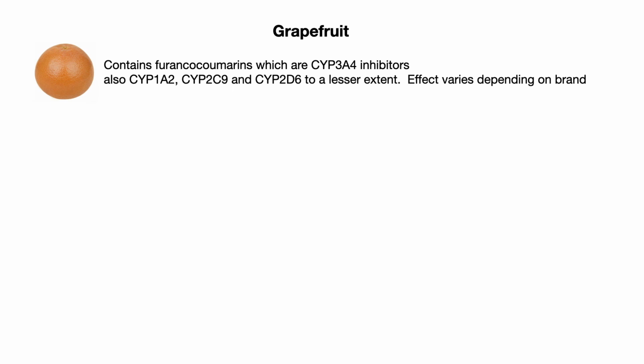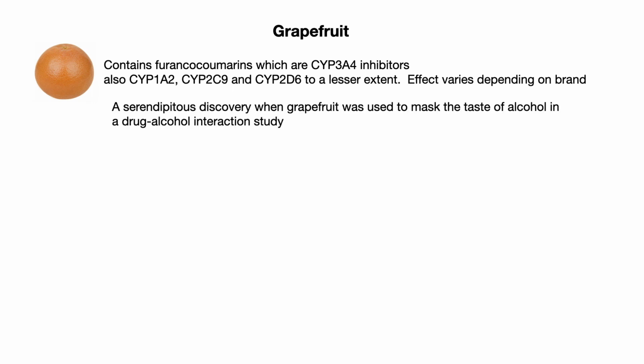The effects of grapefruit can vary greatly upon the brand, the source of the grapefruit, its preparation, etc. But its effect was discovered by accident. Grapefruit juice was used to mask the taste of alcohol in a drug-alcohol interaction study. And when they put the grapefruit in, they found significant effects on the pharmacokinetics.